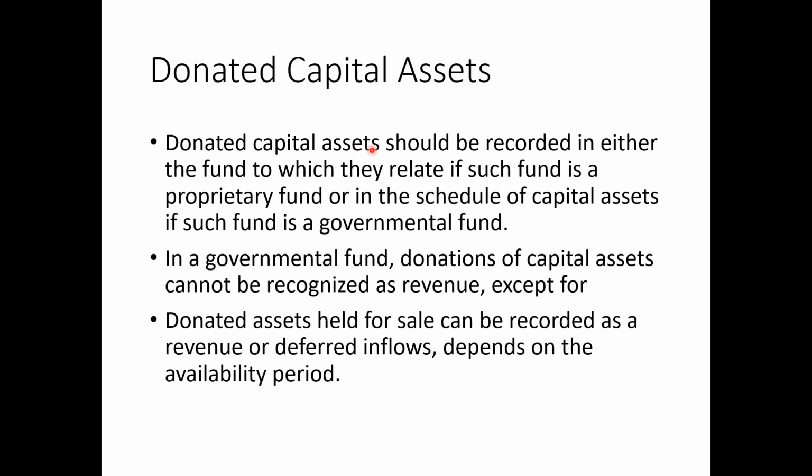So it depends on which fund we use to record those donated assets. If it's recorded in a proprietary fund, without any problems, it's recorded as an asset. Proprietary fund is for business type activities, right? We should be able to record our long-term assets.